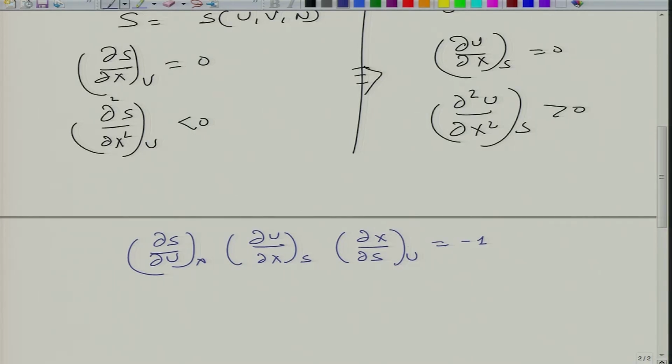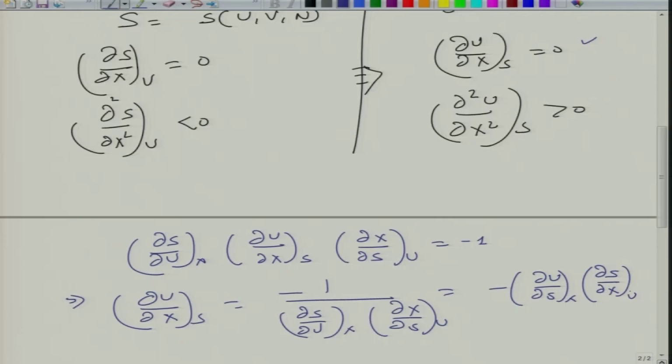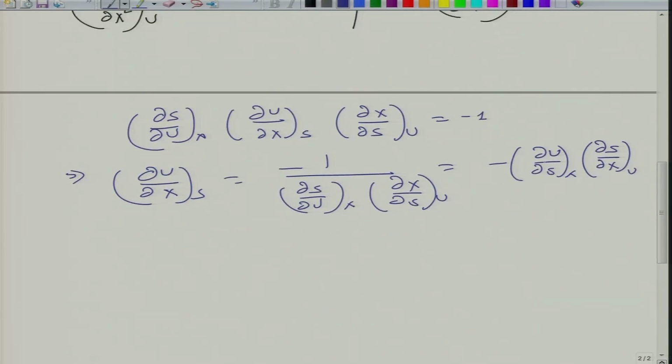Now, del U by del x at constant S must be minus 1 by del S by del U at x, times del x by del S at U, or del U by del S at x and del S by del x at U. By definition, the derivative of U with respect to S is nothing but T. So, this is nothing but T del S by del x at U.